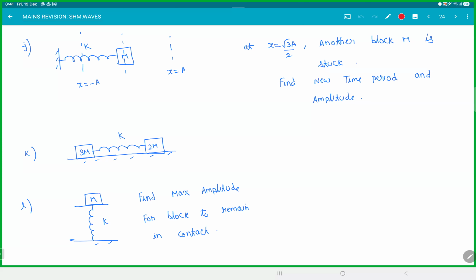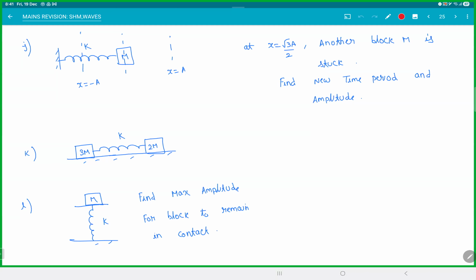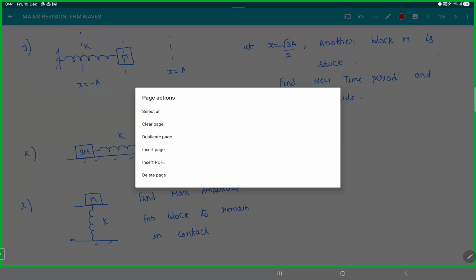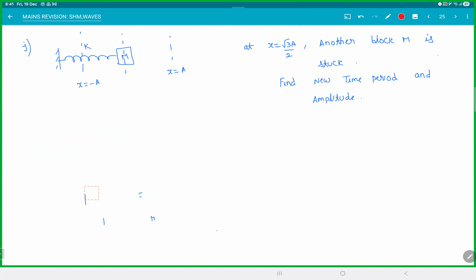So you're keeping another block at x equal to root 3 A by 2.